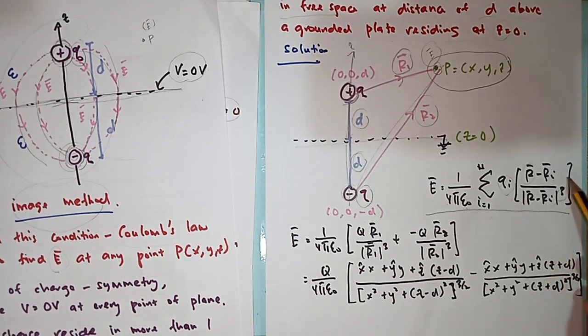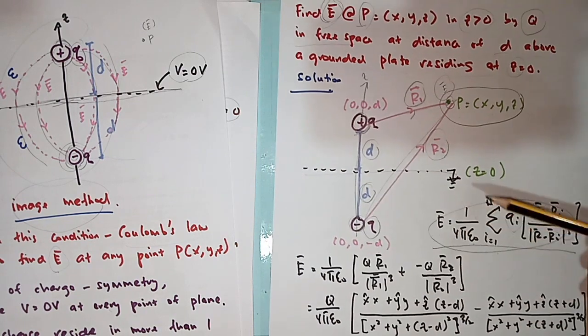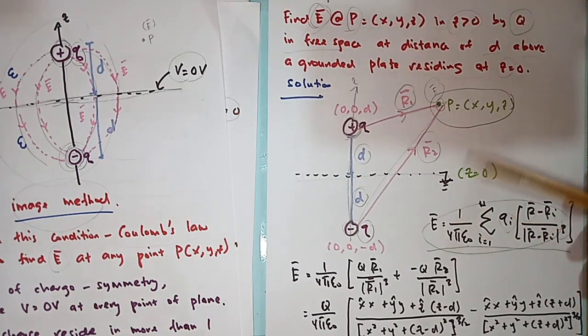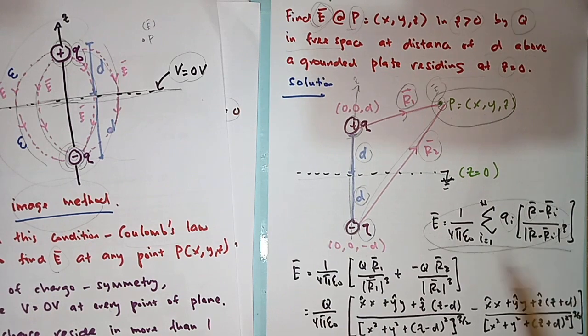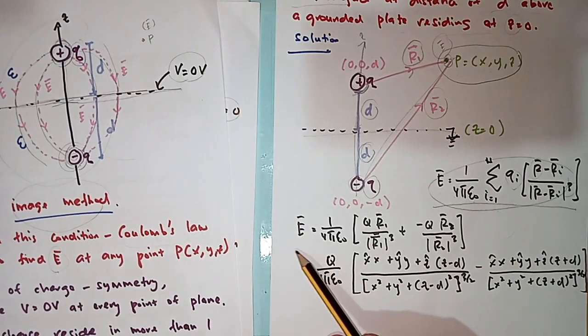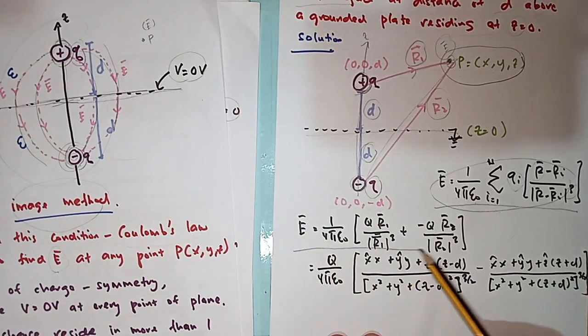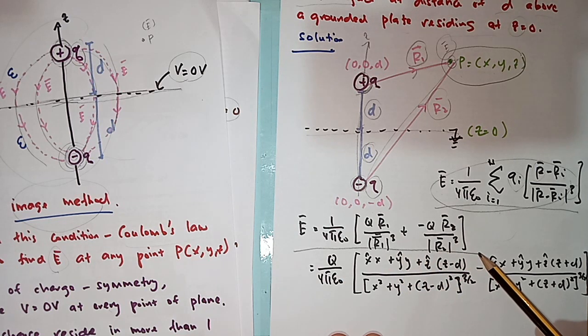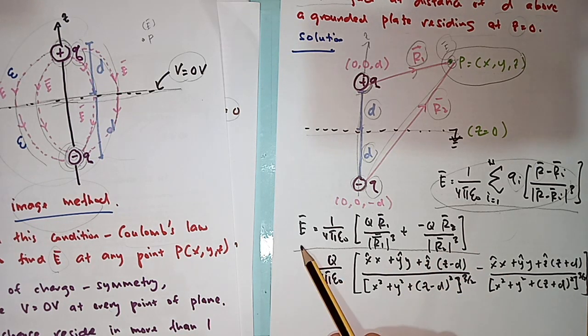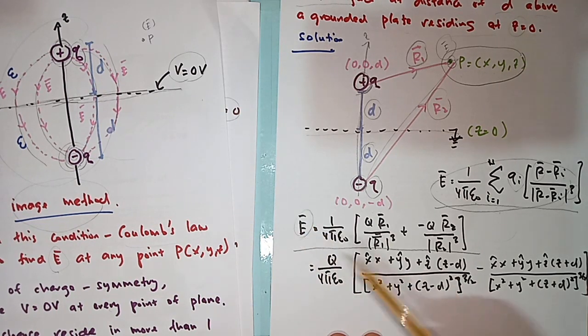By solving this expression, considering all the components that we know just now, we can put them together into this expression. The vector E, or the electric field intensity, is equal to 1 divided by 4 pi epsilon naught.